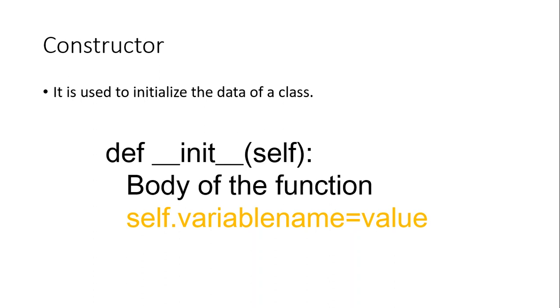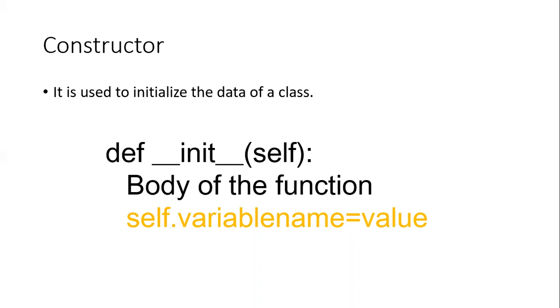So this is a special function, init, as you can see over here. In the parameter section, one object, self, is being passed, so self is pointing to the object of the class.